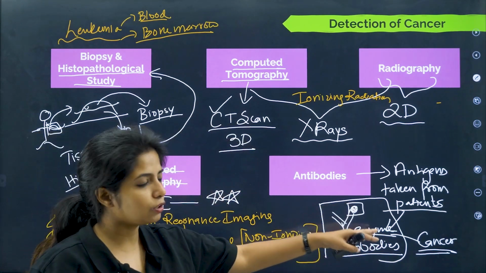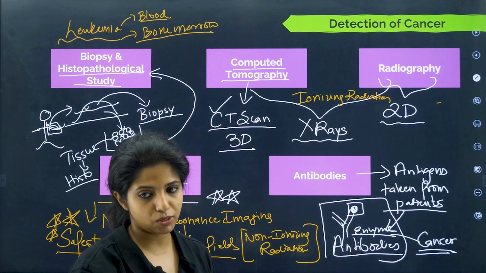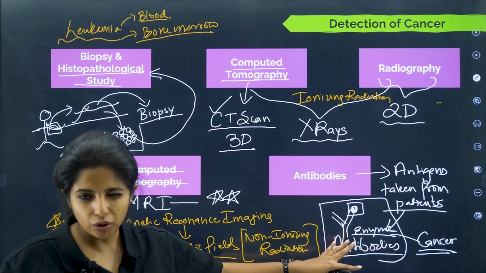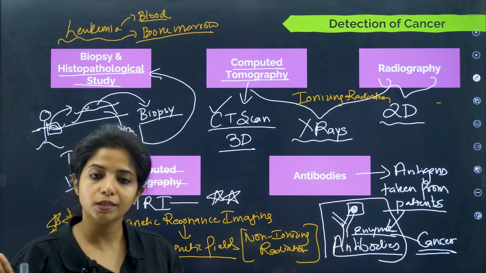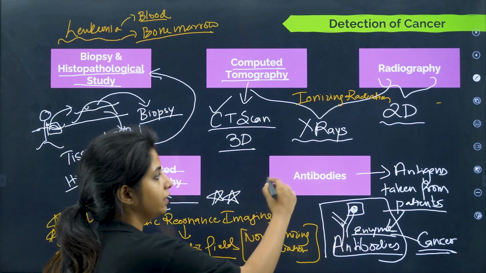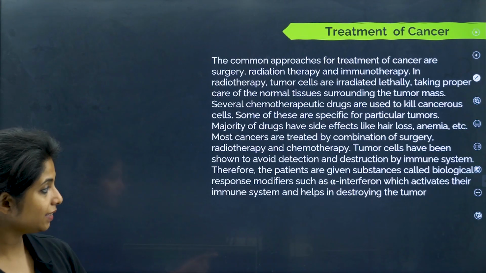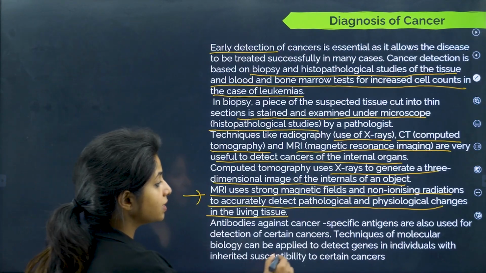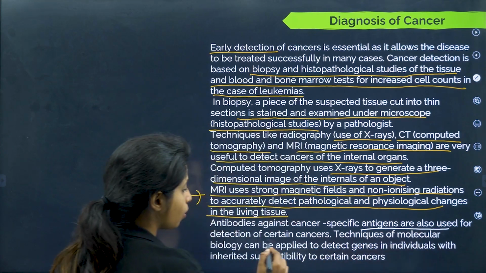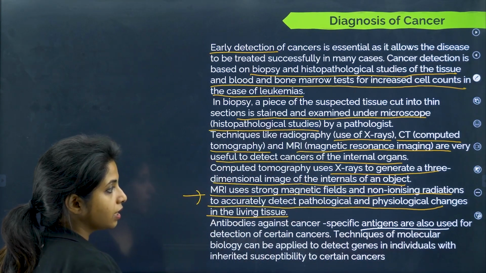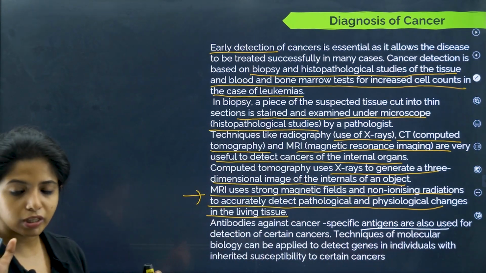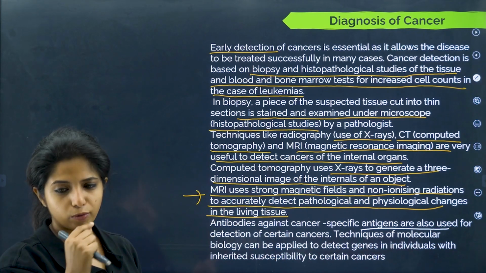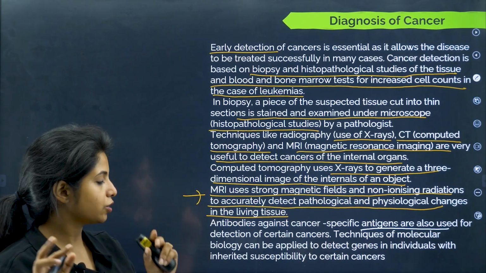You studied this in 8th as well. So this is the total overall mechanism of how things work in this particular detection method. We'll read it once. Antibodies against cancer specific antigens are also used for detection of certain cancers. So there's a very short thing given in your book. I just wanted to give you a brief explanation, that's all.